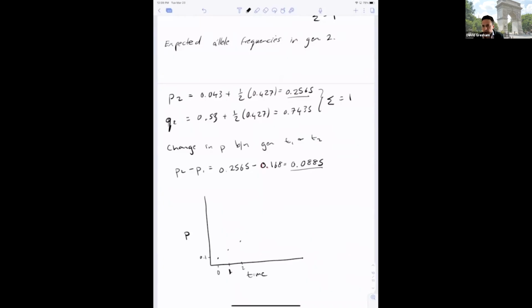And who predicts what's going to happen in the third, fourth, fifth, and sixth generation? It's going to keep going up, right? With some interesting dynamics until we get to what point? When's it going to stop going up? When we get to an allele frequency of 1, right? So it's going to go with time until we get to an allele frequency of 1.